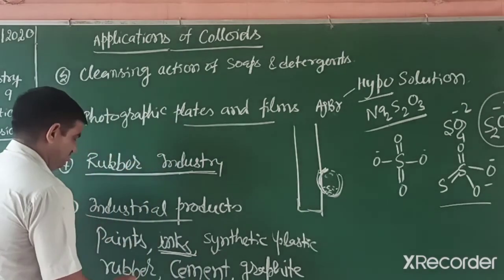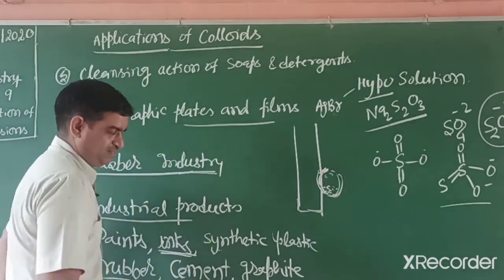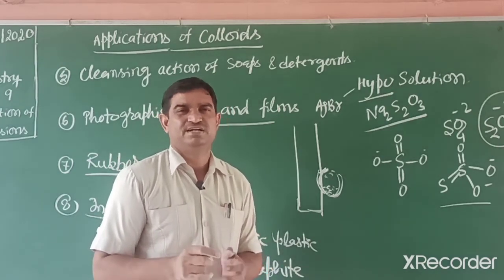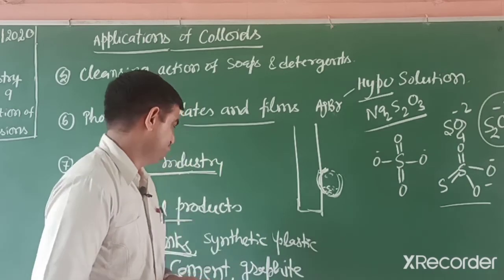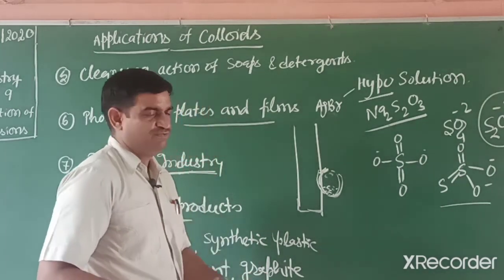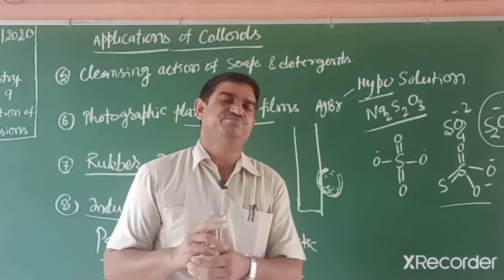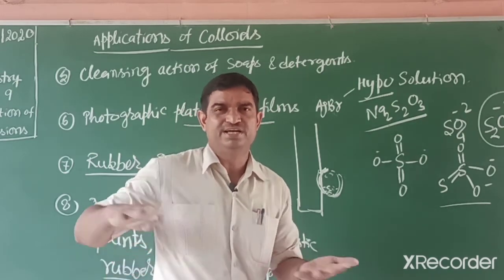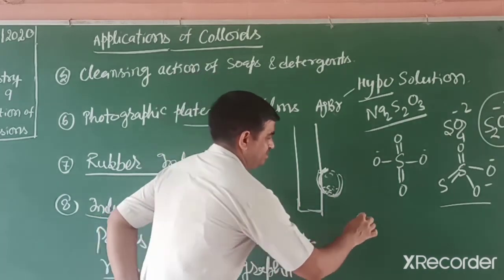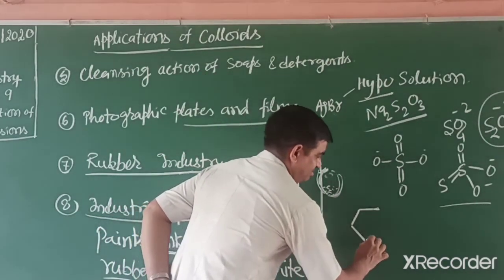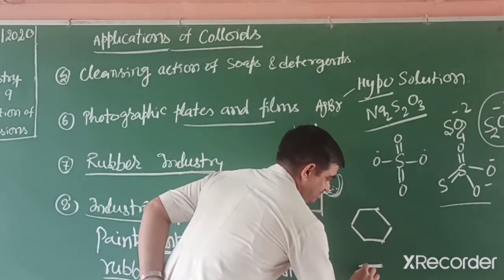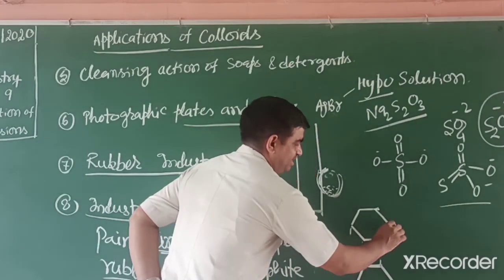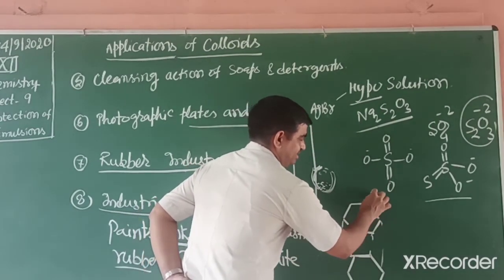Synthetic plastic, rubber, cement: in our industry, cement also has very fine particles suspended, and it is in colloidal form. Graphite lubricants: when we want to make a dry lubricant, we use graphite. Graphite is also a fine particle with a layer structure, hexagonal. You already discussed in 10th class that graphite has a layer structure, where every carbon is attached to 3 other carbons only, in hexagonal form.